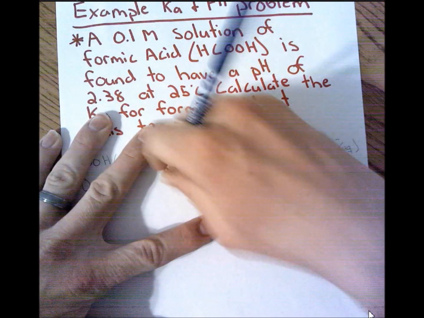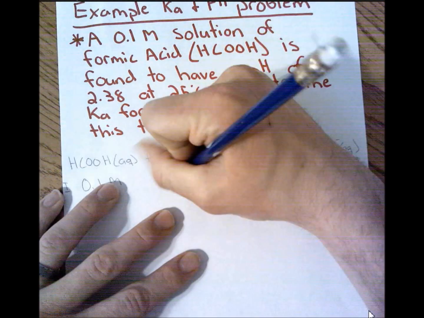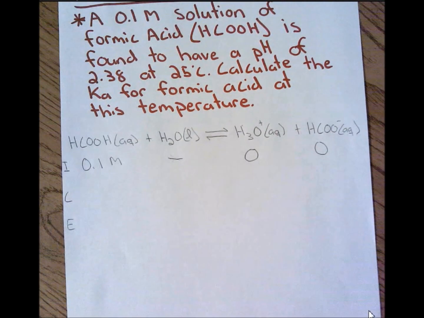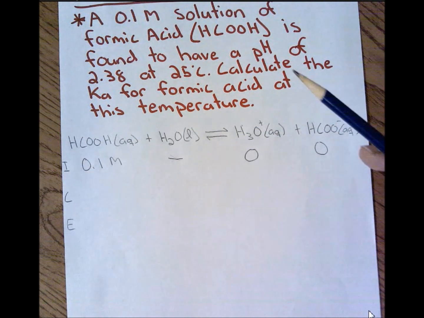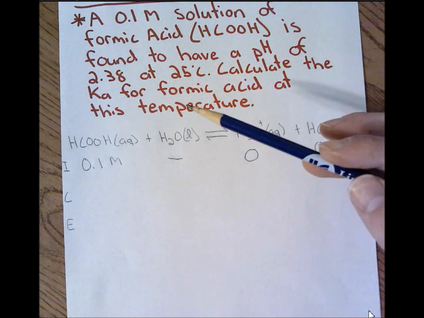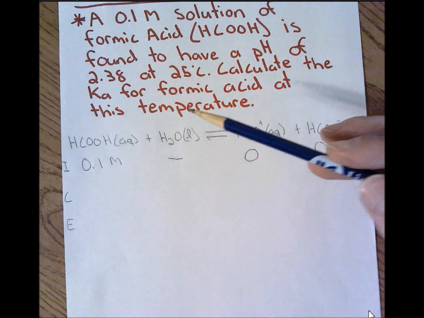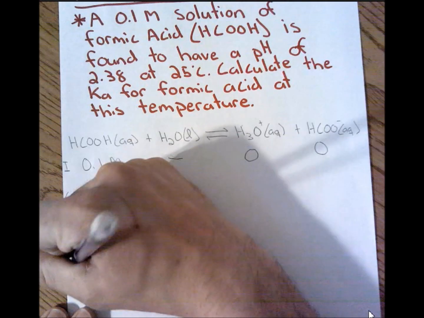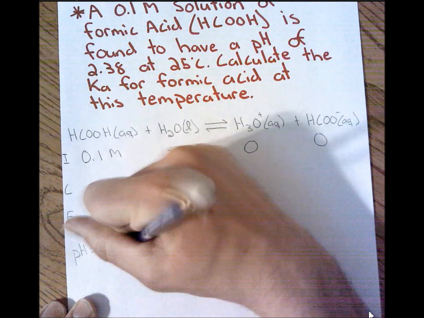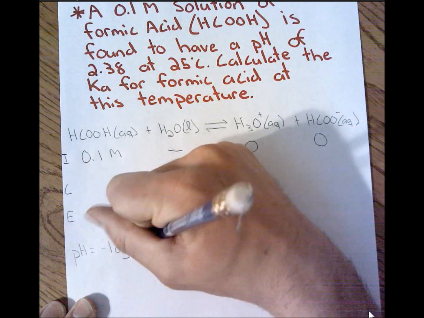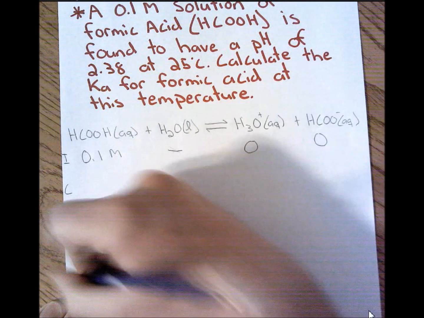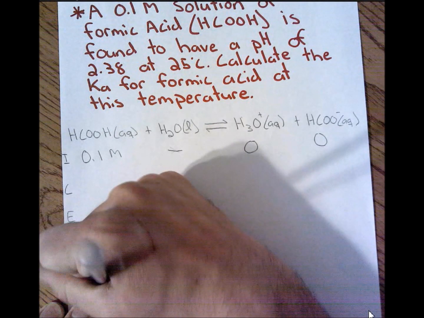Now we have to think about this change. Well, we are given the pH of this formic acid to be about 2.38. Let's remember what the formula for pH is. pH equals negative log of our H plus, or we can call this H3O plus. So we have 2.38 equals negative log of our H plus.